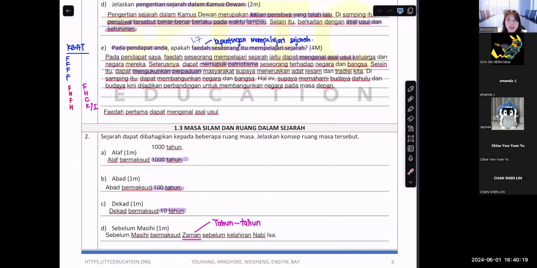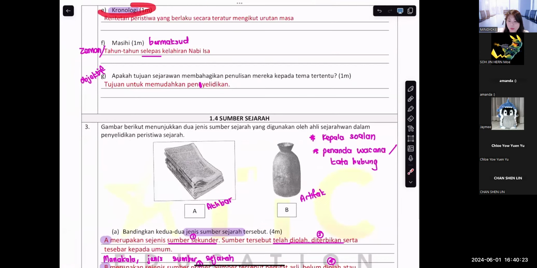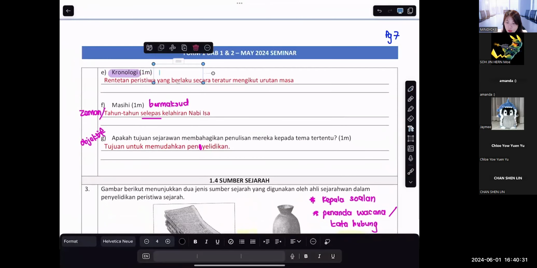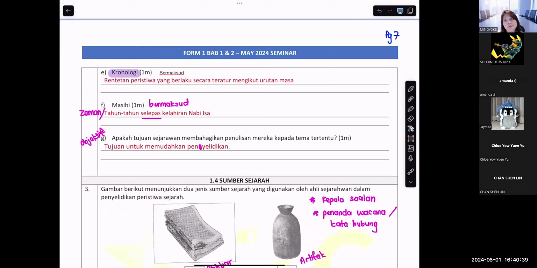Okay, page 7, next page is, you see, when they ask you chronology, then you write, chronology bermaksud rentetan peristiwa yang berlaku secara teratur mengikut urutan masa. Then after that, Masehi bermaksud zaman atau tahun-tahun selepas kelahiran Nabi Isa.